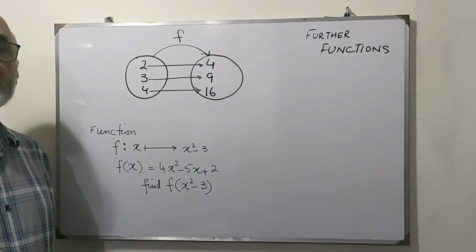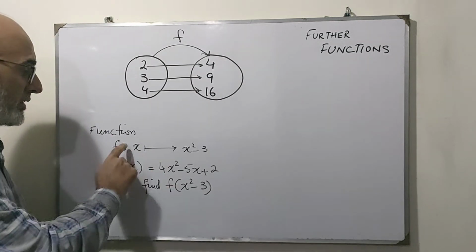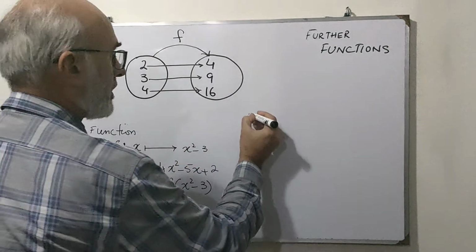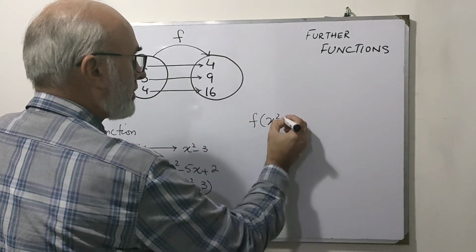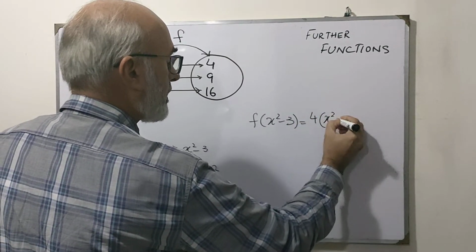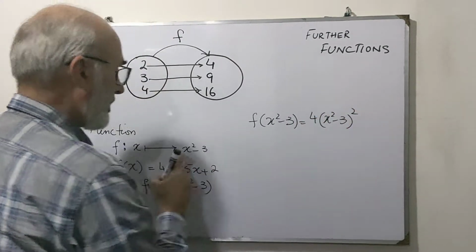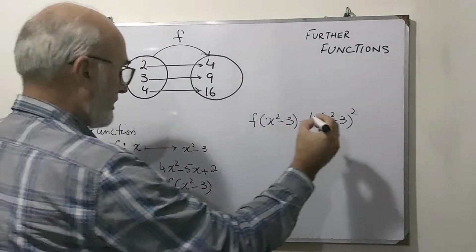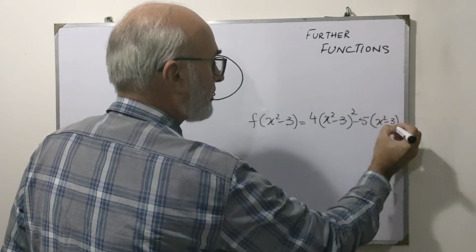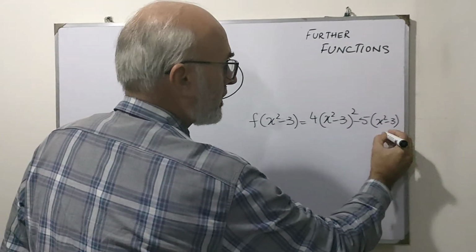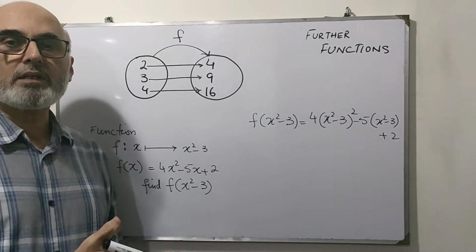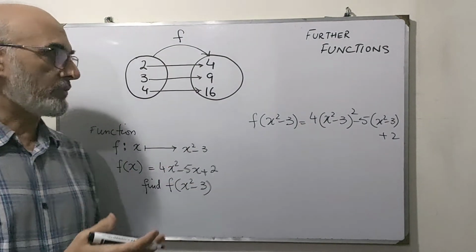We are going to replace x with x square minus 3. So f(x square minus 3) is equal to 4 into (x square minus 3) square, minus 5 into (x square minus 3), and then plus 2. We have replaced x with x square minus 3.